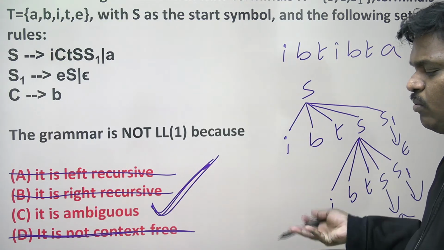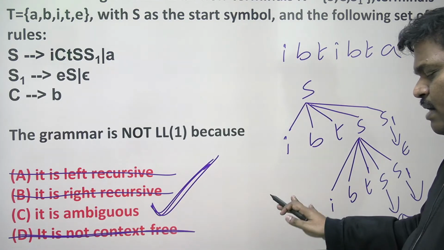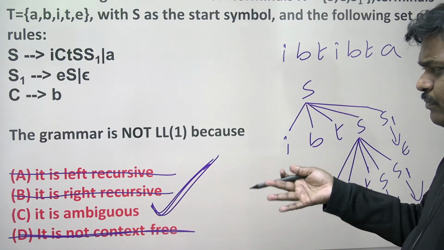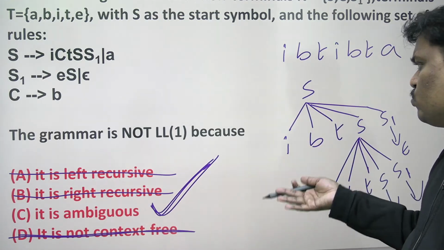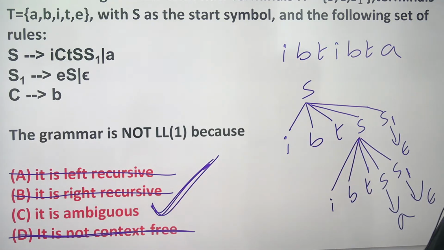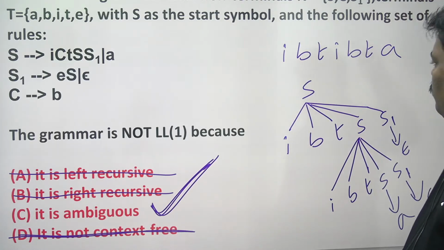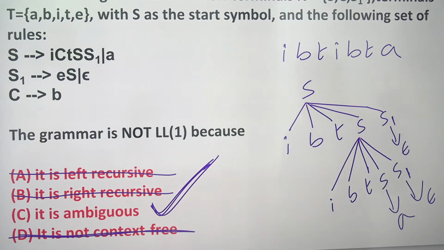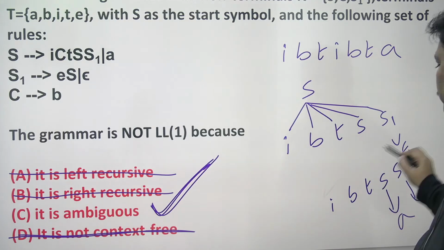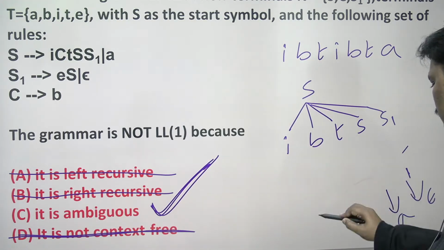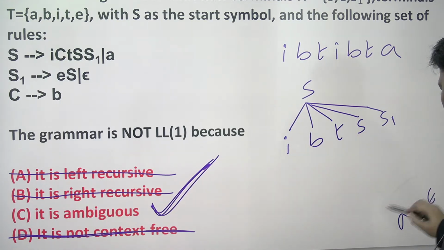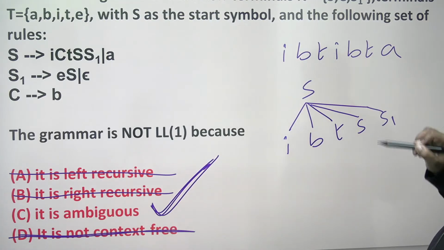Only option C, ambiguous, remains. Please show one string where multiple parse trees are possible. Try once, you are very close.